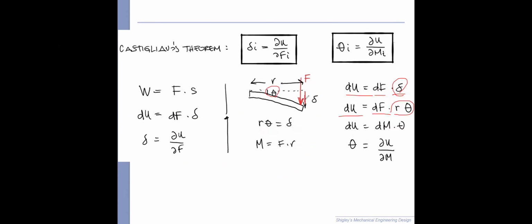So this delta is quite small, therefore we can say delta equals r theta. And F r equals the moment. Therefore, theta equals the partial U over partial M. Okay, this is the concept of Castigliano's theory.